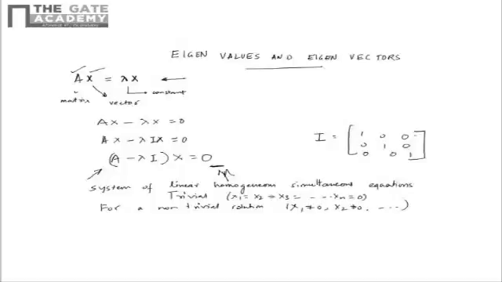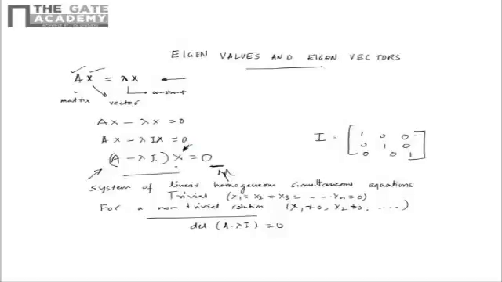We have already seen that for a homogeneous set of linear equations, for a non-trivial solution, the determinant of A minus lambda I has to be 0. Let's be cautious here, I am not defining anything. Let x be a non-zero vector, that is, its elements are non-zero.